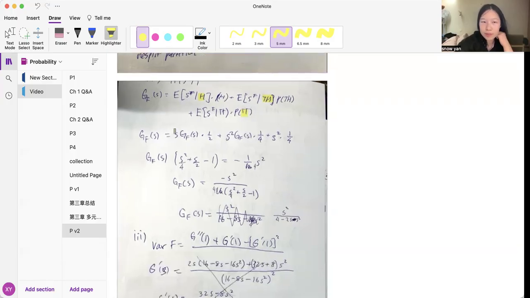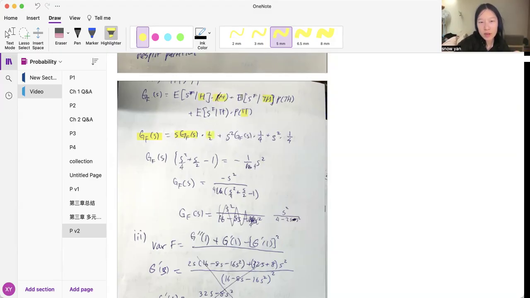As I partition this, my G of S is equal to the first term: if I flip heads, then I take one turn, which would be S, and then I'm back to square one, so that would still be the generating function. So that's S times G of S, and my probability of flipping heads is one half because it's given.